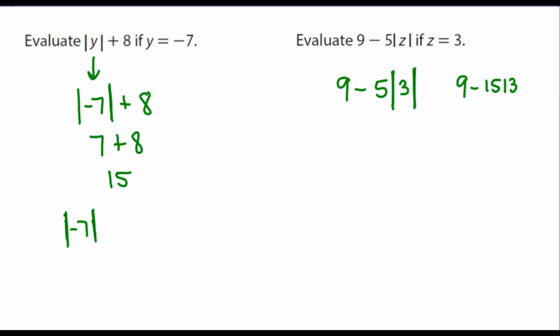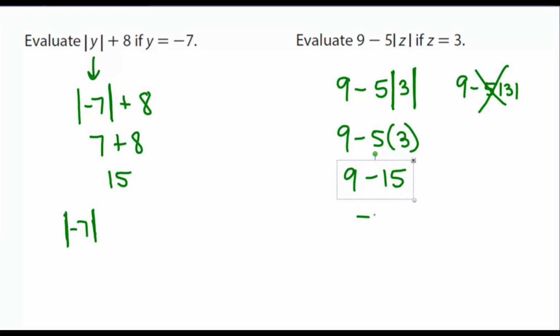There's not absolute value bars around the 5, because that looks like 9 minus 5,131. I don't want to do that. I want to make sure that my notation is clear. Well, the absolute value of 3 is 3, so this is 9 minus 5 times 3. So now I can just write that with parentheses, and then I've got 9 minus 15, which is -6.